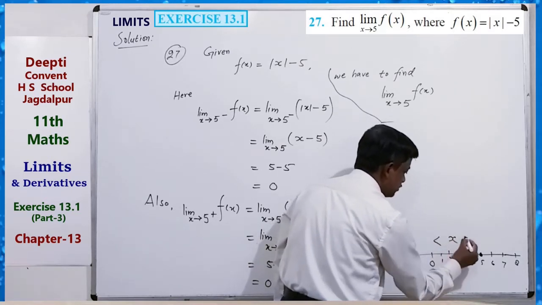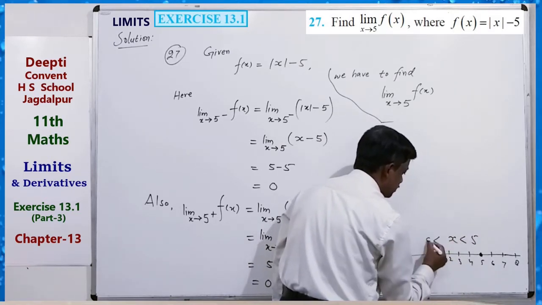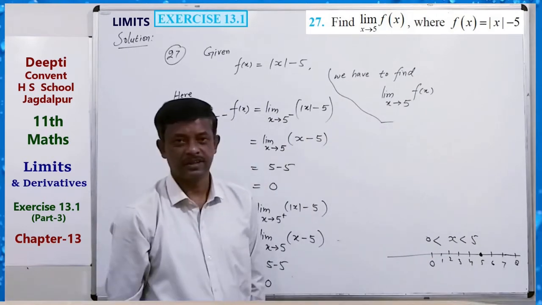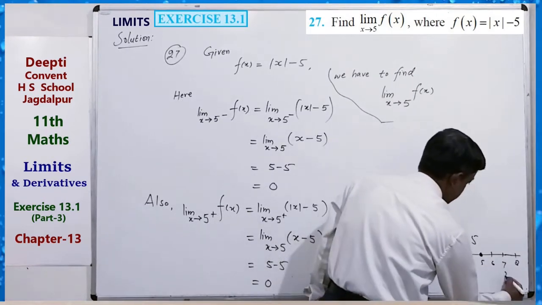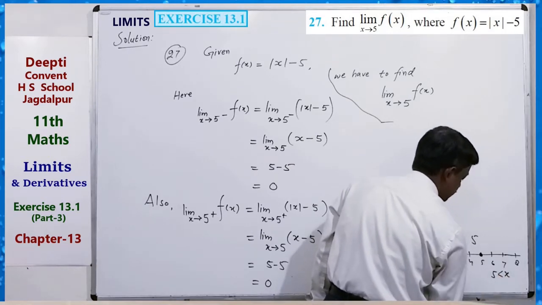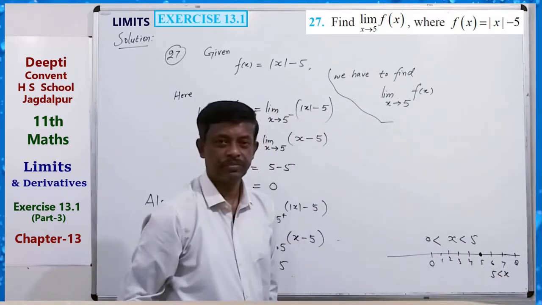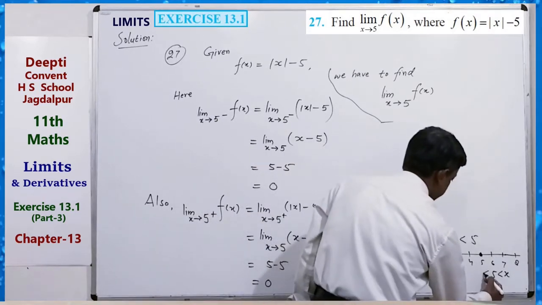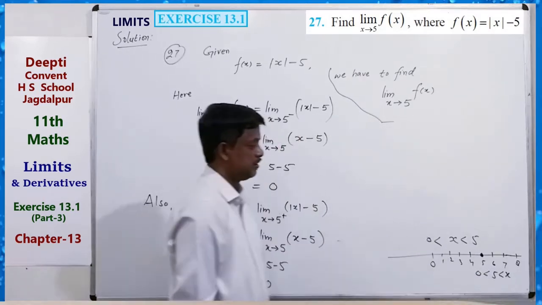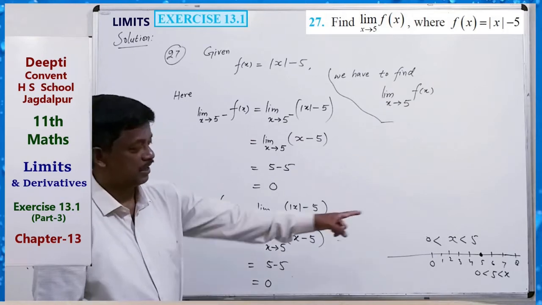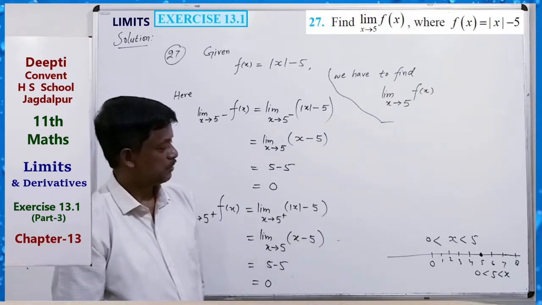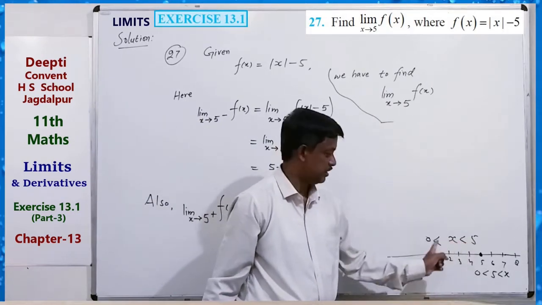So it's greater than 0. And here x is greater than 5, which is greater than 0. Just we can write like this. Okay, here x is less than 5 and greater than 0.